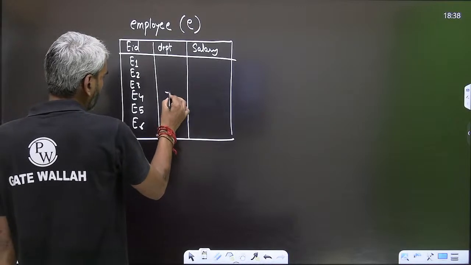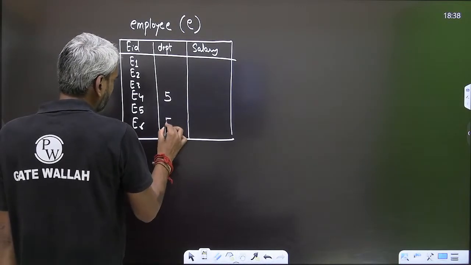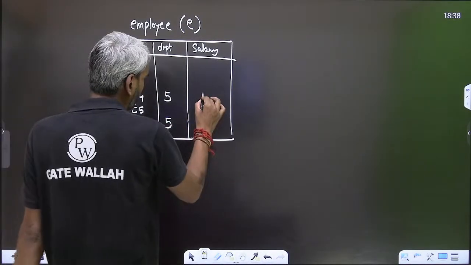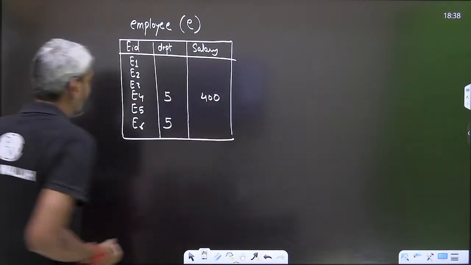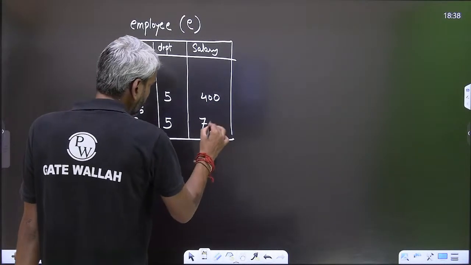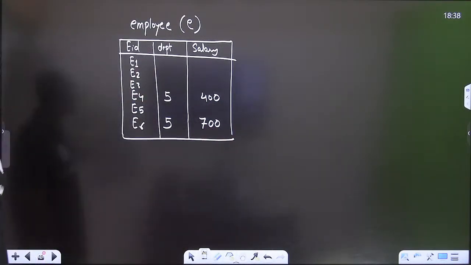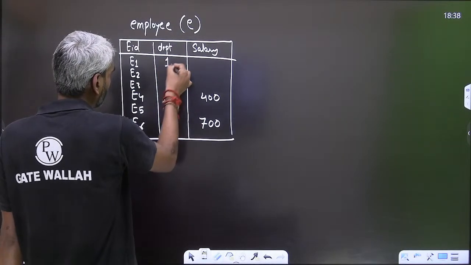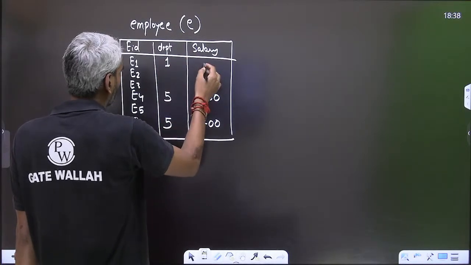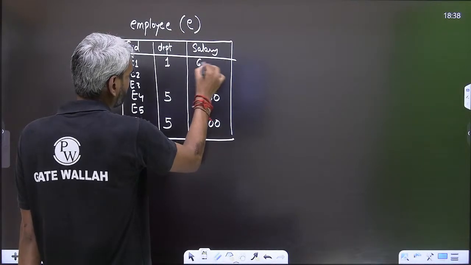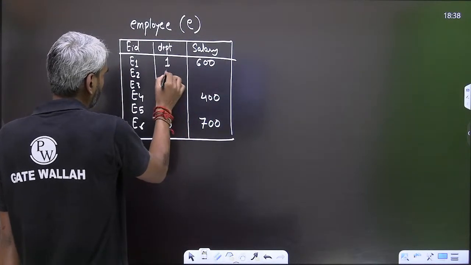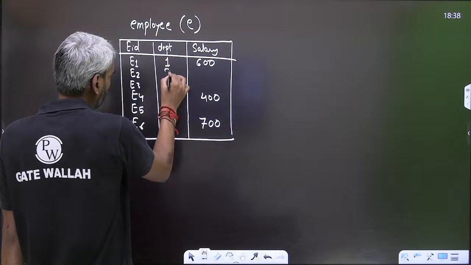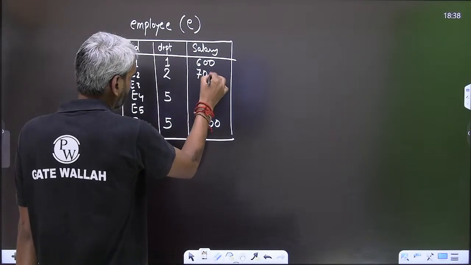Assume that E4 is from department 5, E6 is also from department 5. 400 is the salary of employee E4, 700 is the salary of employee E6. E1 works for department 1 and the salary is, let's assume, 600. E2 works for department 2, the salary is 700.